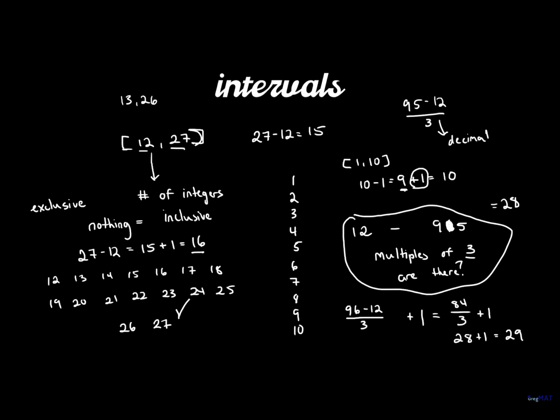So instead of 95, you have to say 93, because 3 goes into 93 and it does not go into 95. So the formula is going to be 93 minus 12 divided by 3 plus 1. So it's going to be 81 divided by 3 plus 1. It's going to be 27 plus 1 equals 28.